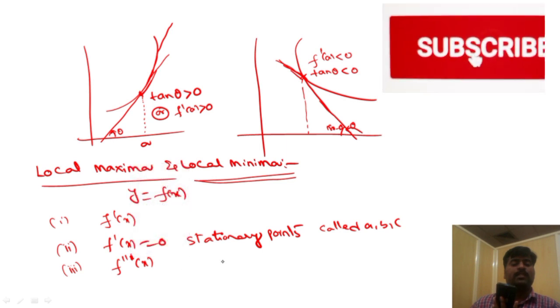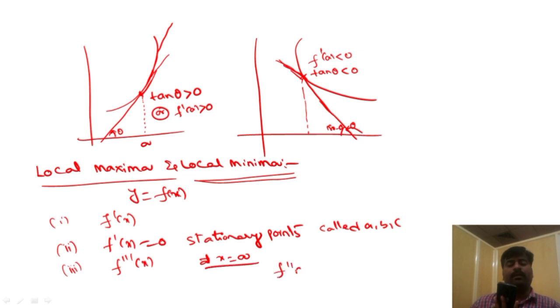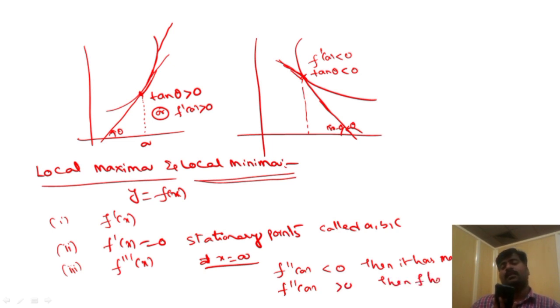For example, at x equal to a, if f double dash of a is less than 0, then f has a maximum value. If f double dash of a is greater than 0, then f has a minimum value.